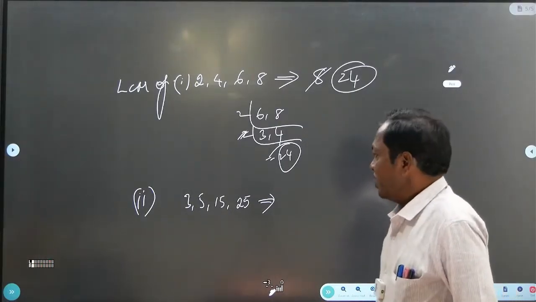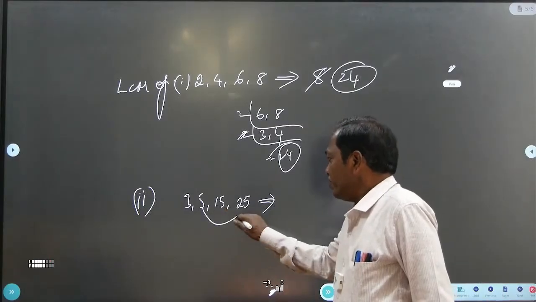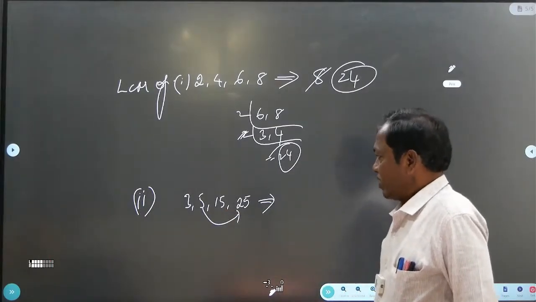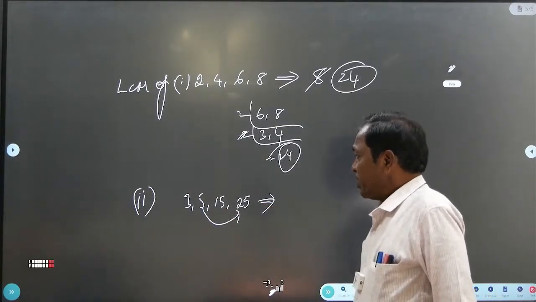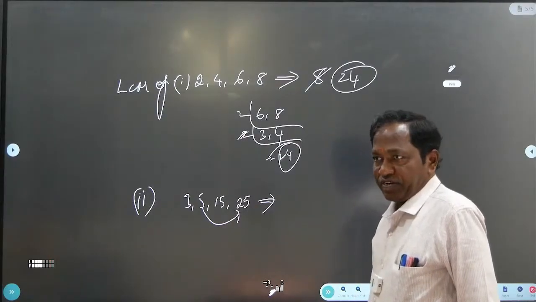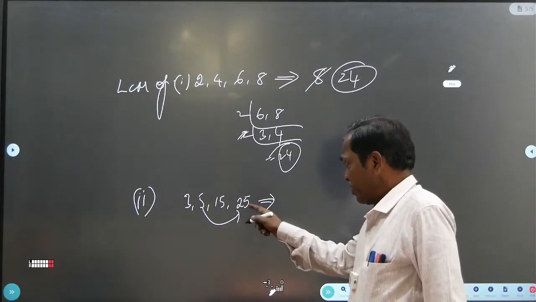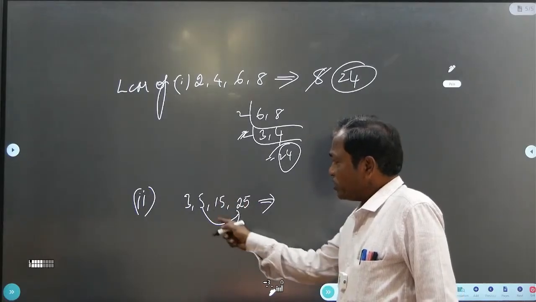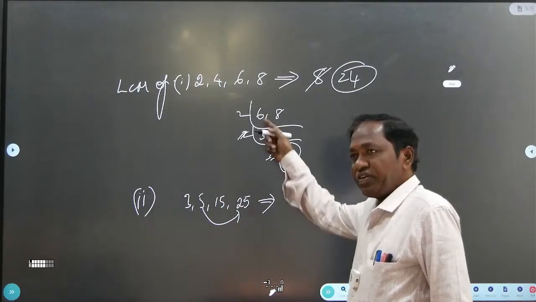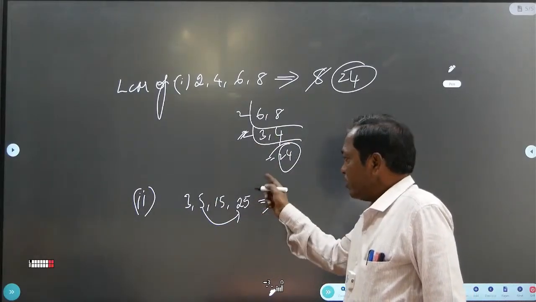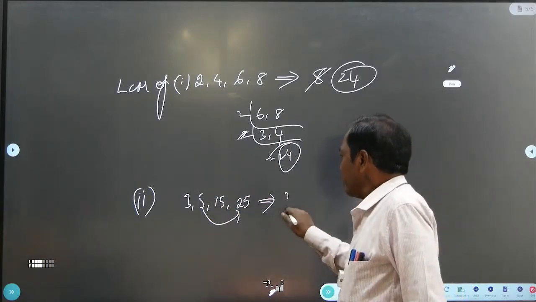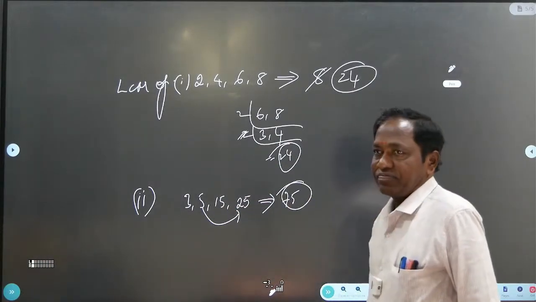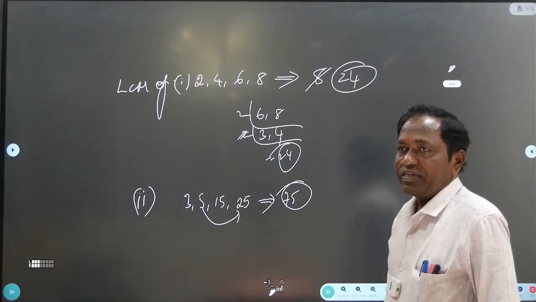Now we can see 25 is a multiple of 5. 50 is not a multiple of 15. 75, if you go to 75, it is a multiple of 15. 50, 25 is already a multiple of 5. Multiples of any such number work. 75, yes, 75 is the LCM.